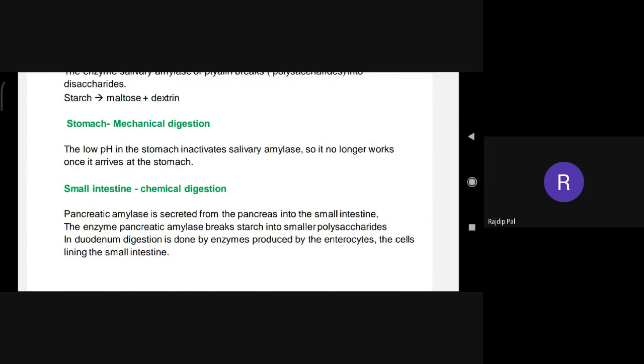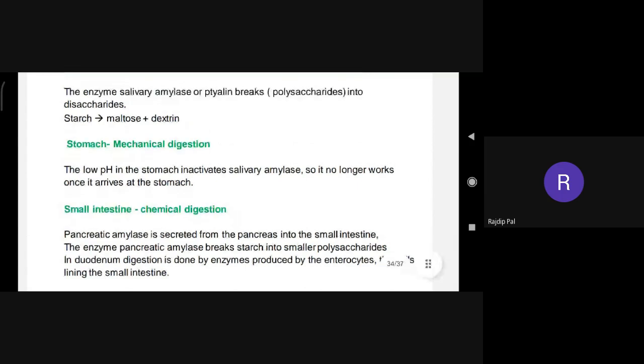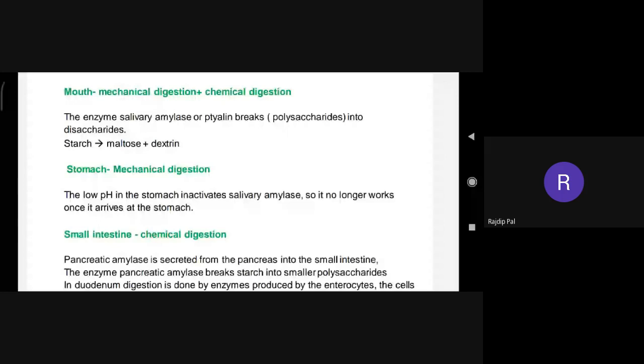So this is the process of carbohydrate digestion. Okay, at first carbohydrate starts digestion from our mouth by salivary amylase. That is, polysaccharides are breaking down into disaccharides, right?